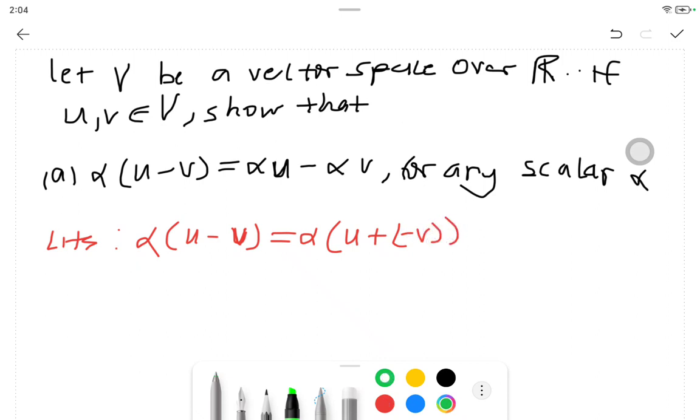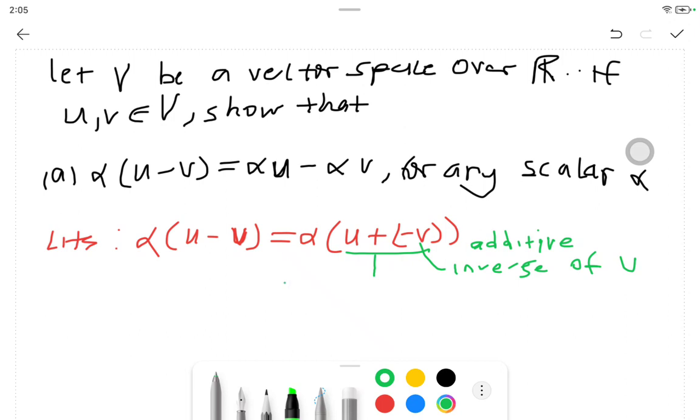There's this thing here, which we can talk about later. I know that this one will be the inverse of v. It's not just any inverse, it's an additive inverse. So I know that this one will always remain an additive inverse.